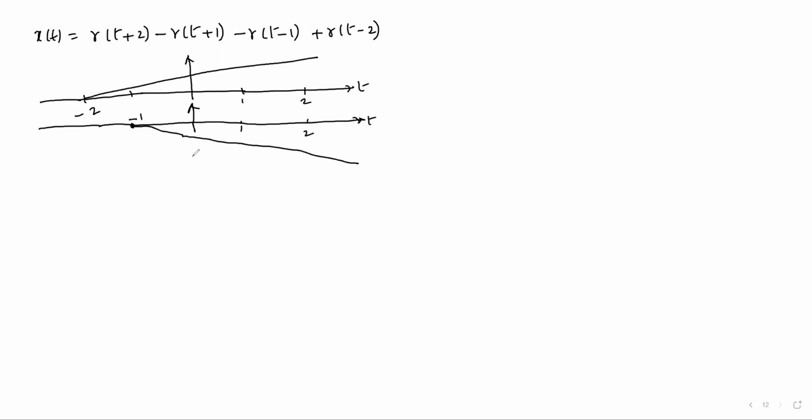And the third signal is also an inverted signal. That is R of t minus 1.